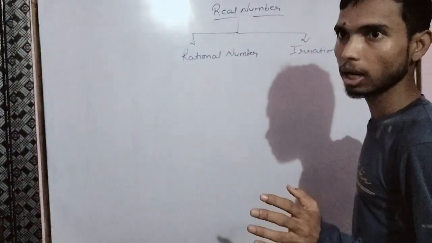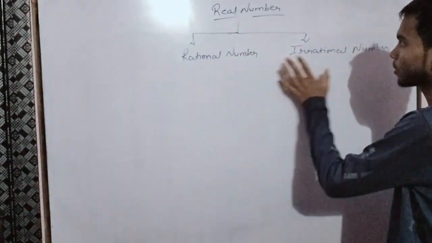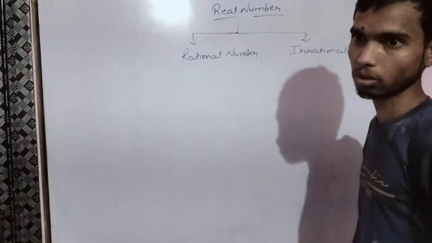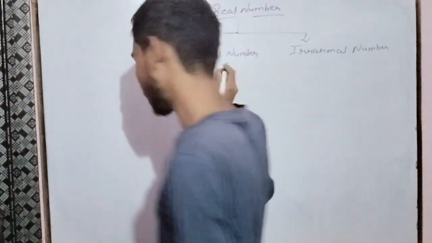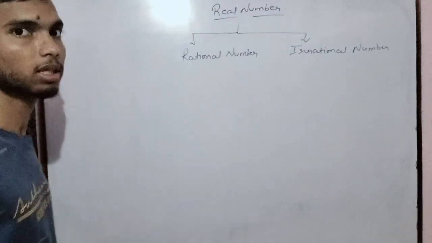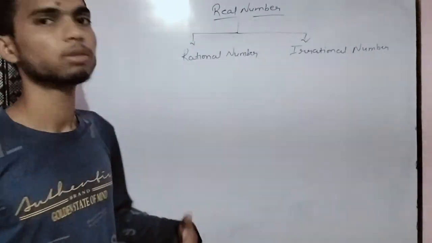First of all, you have to be clear that rational numbers and irrational numbers are the definition of real numbers. So here, it can be written further.